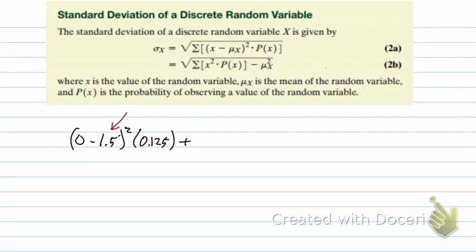Plus 1 minus 1.5 squared times this. Seem kind of drawn out to you?